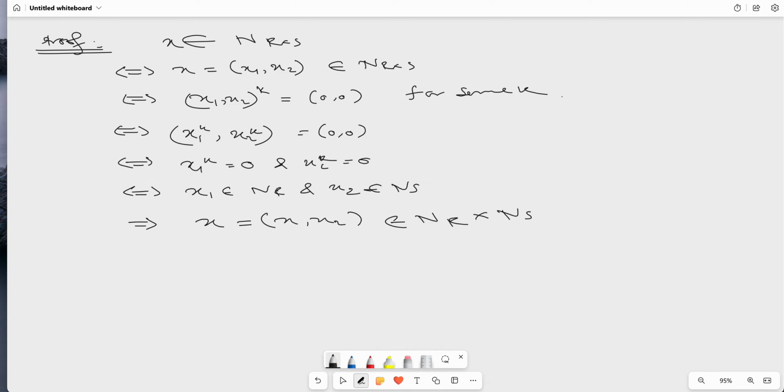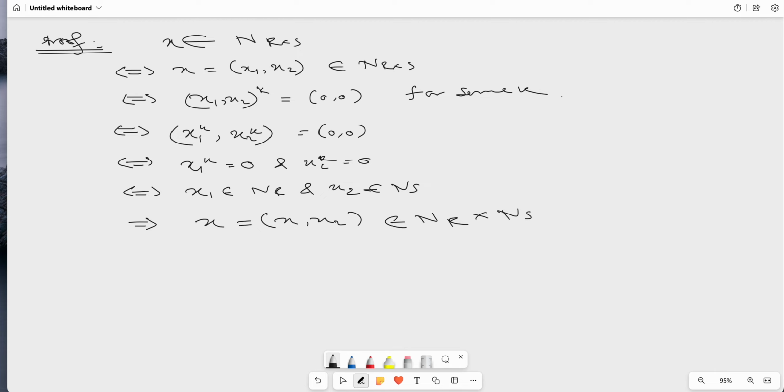So this inside x1 inside. This implies that x1, this is same.